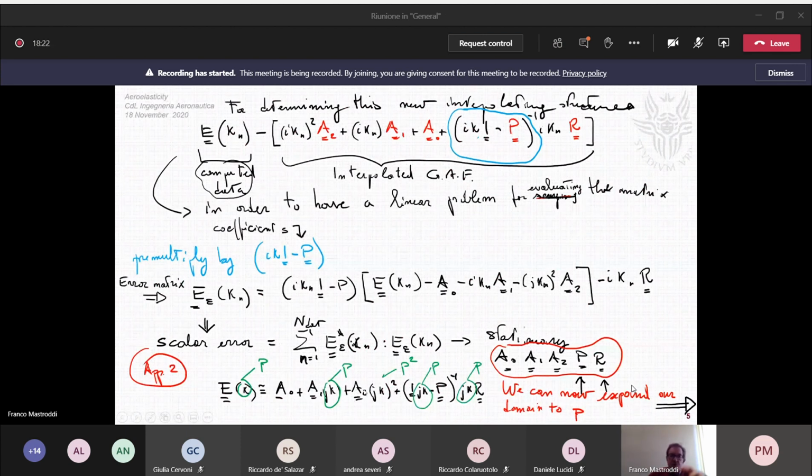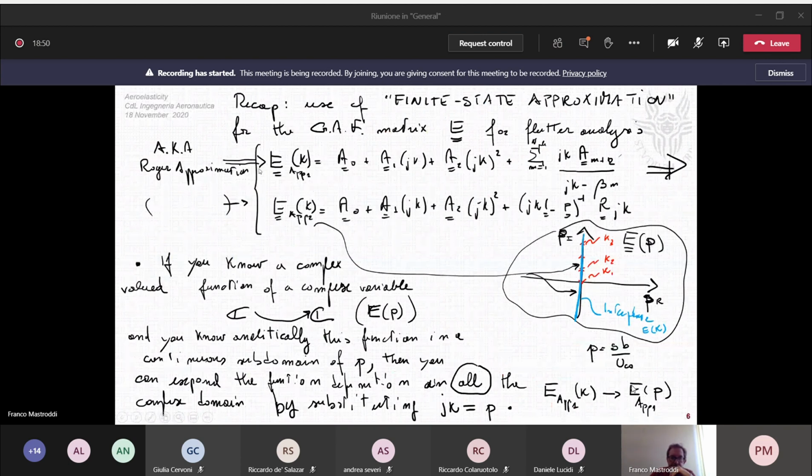This approximation in general may be evaluated by minimizing the error between the data provided by a computer and the interpolating structure assumed. As a result of this optimization problem, we have these matrices A2, A1, and A0 in this first form, or this other form, with the same A0, A1, A2, and P and R, which are the alternative matrices with respect to the other case.